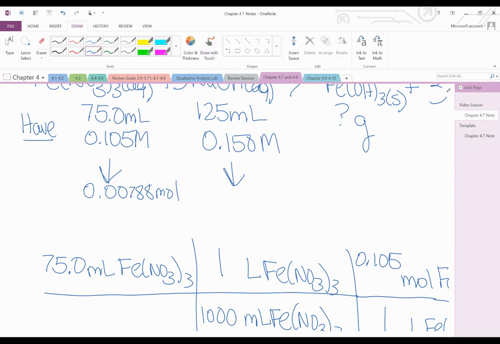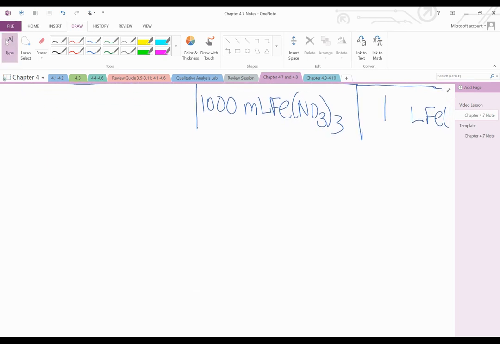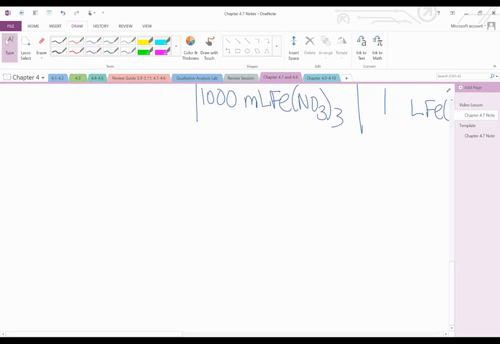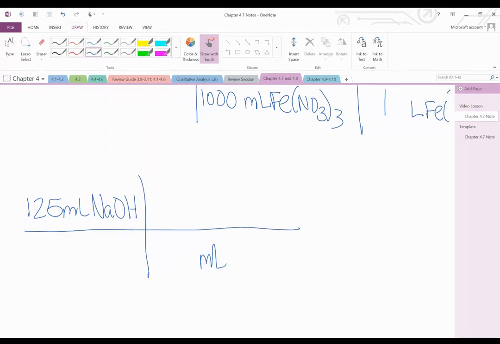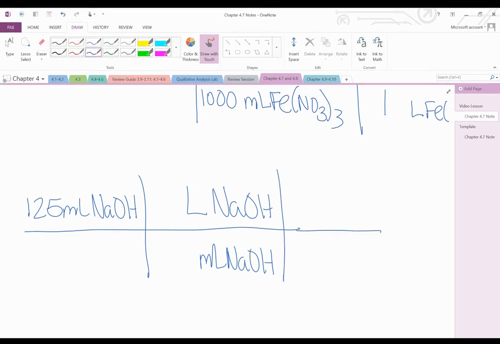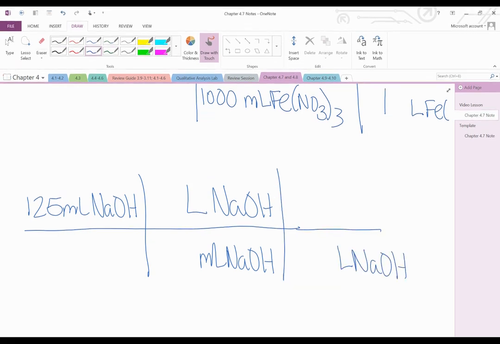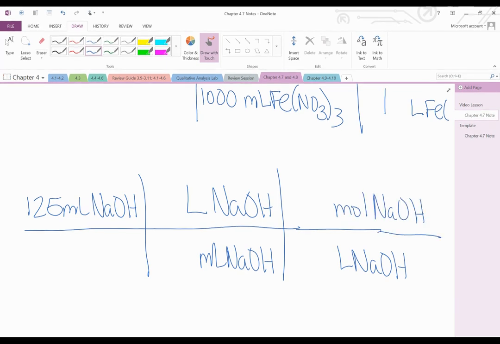And then we're going to do the same thing with the sodium hydroxide, convert that to moles. So I have 125 milliliters of sodium hydroxide. I'm going to convert from milliliters of sodium hydroxide to liters of sodium hydroxide, from liters of sodium hydroxide to moles of sodium hydroxide. 1 liter is 1,000 milliliters.